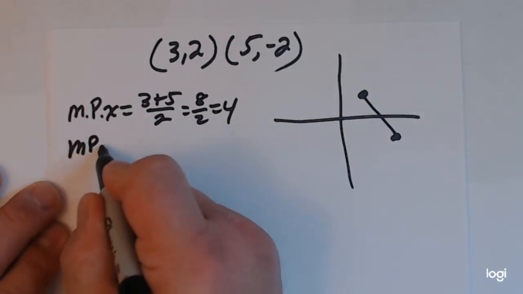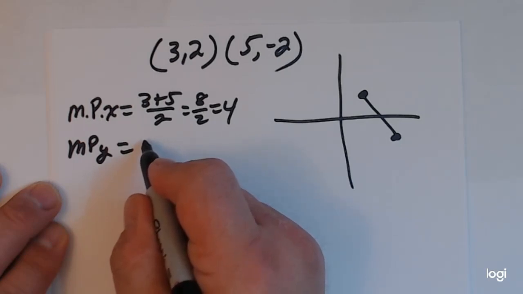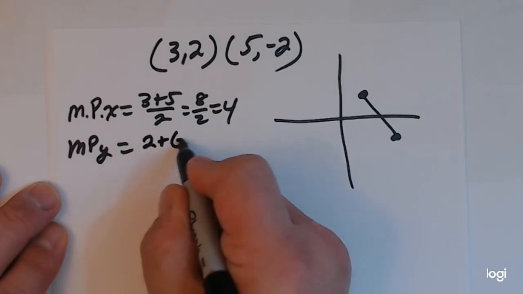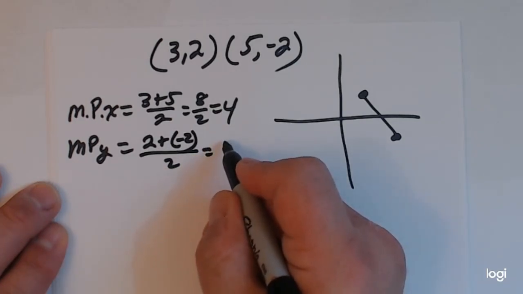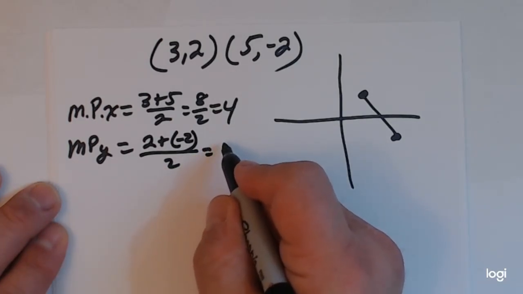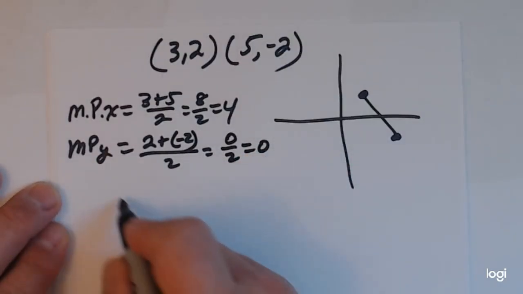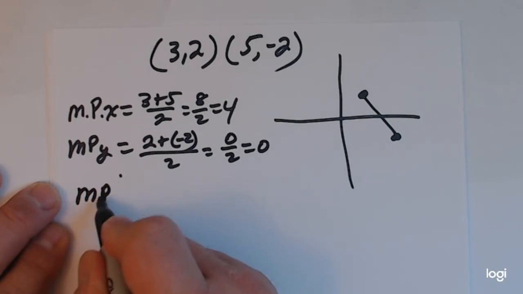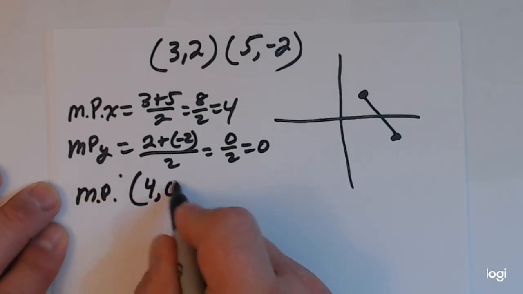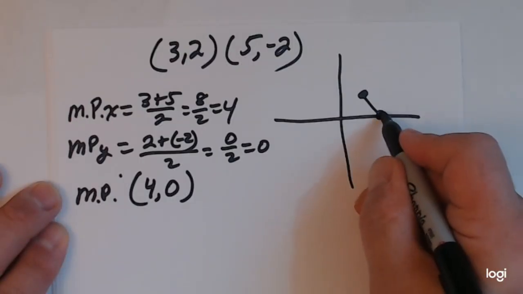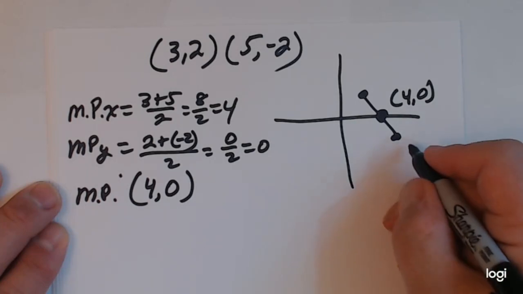And the midpoint of y is 2 plus negative 2 over 2, which is 0 over 2, which is 0. So the midpoint is 4, 0. So right here, 4, 0, that's the midpoint.